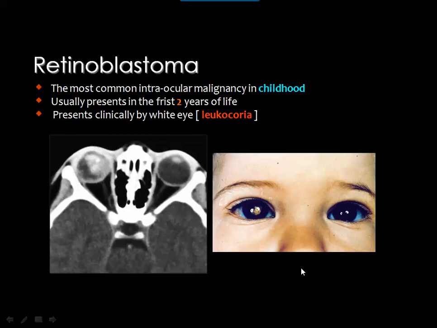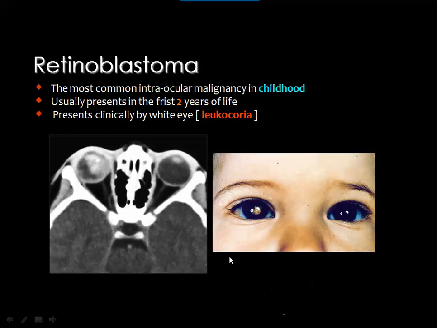Then retinoblastoma is of course a disease of childhood, and it usually presents in the first 2 years of life. And commonly the patient presents with a white eye or leukocoria, and here you can see that the pupil is white instead of being black.